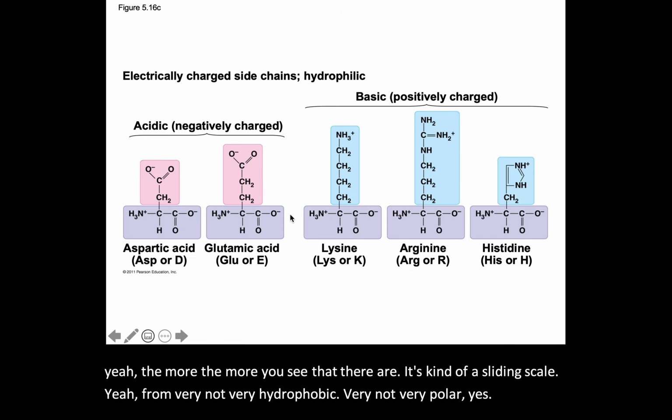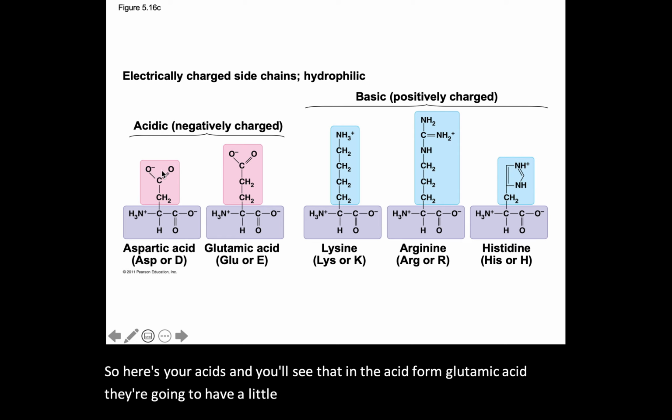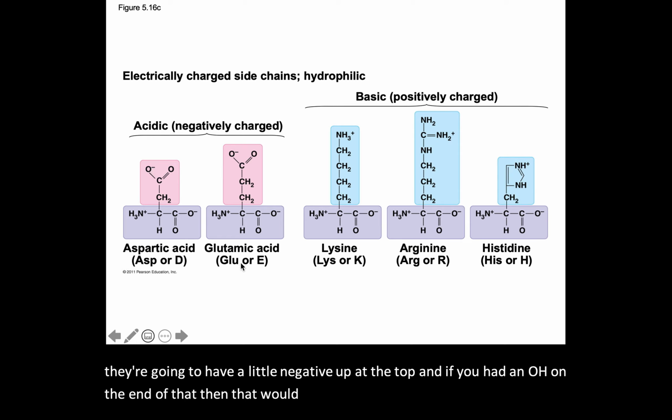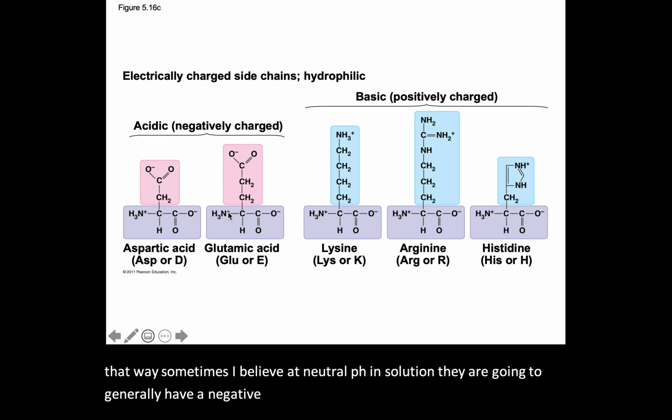So here are your acids, and you'll see that in the acid form, glutamic acid, they are going to have a little negative up at the top. And if you remove the H from the OH on the end of that, then that would be glutamate or aspartate. You'll see it written that way sometimes. I believe at neutral pH in solution, they are going to generally have a negative charge on them, if I remember correctly.